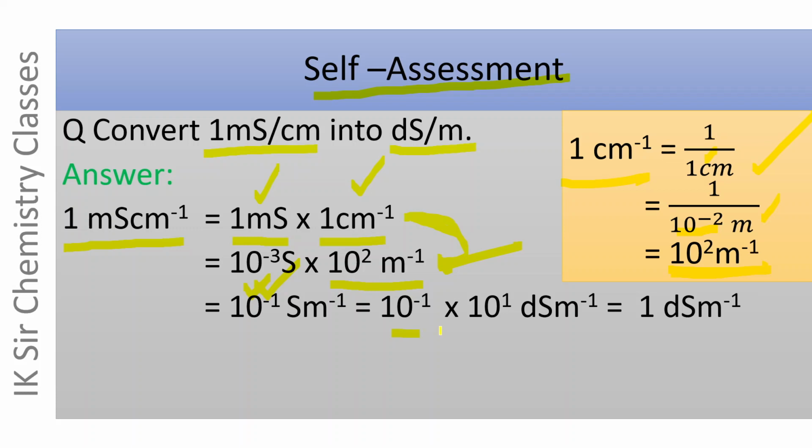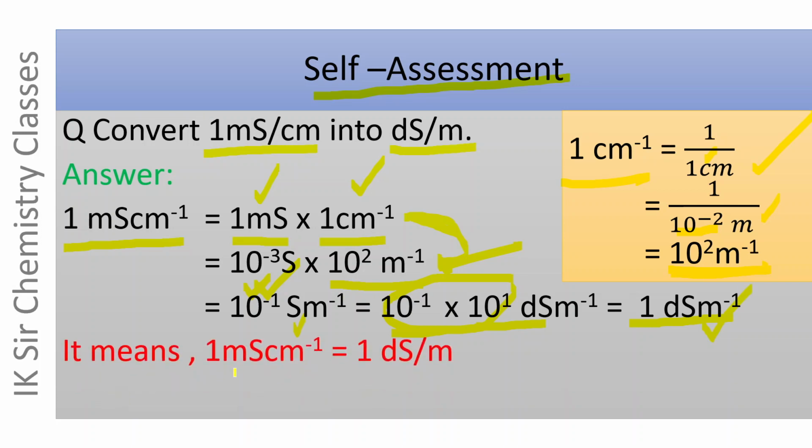10 to the power minus 1 siemens is equal to 10 decisiemens. And on solving it, we get 1 decisiemens per meter.